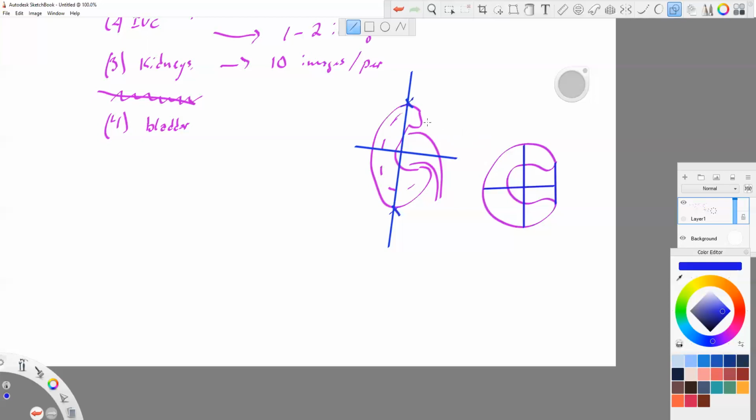And then the next thing we do is we go back to sagittal. Let's use a different color again. And on my sagittal images, I am going to be doing this. Picture number 1, well, I'm going to scan all the way out to here, but I'm not going to take that picture out. The red lines will be the actual pictures.